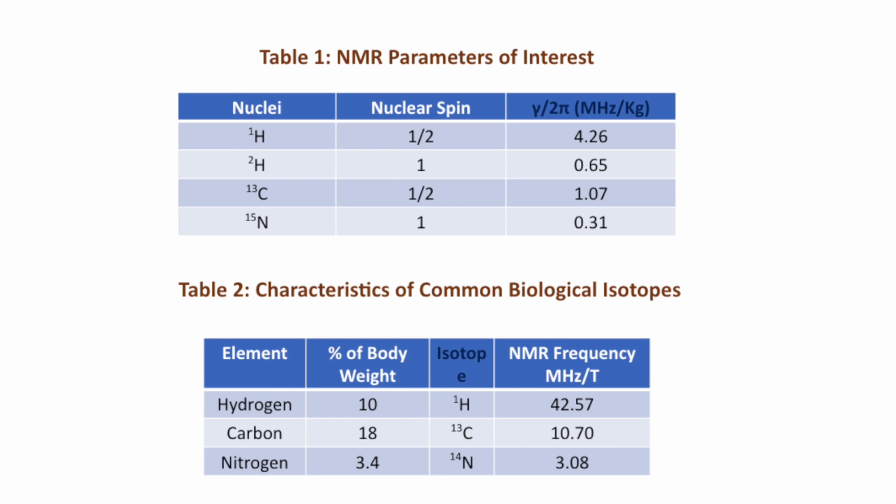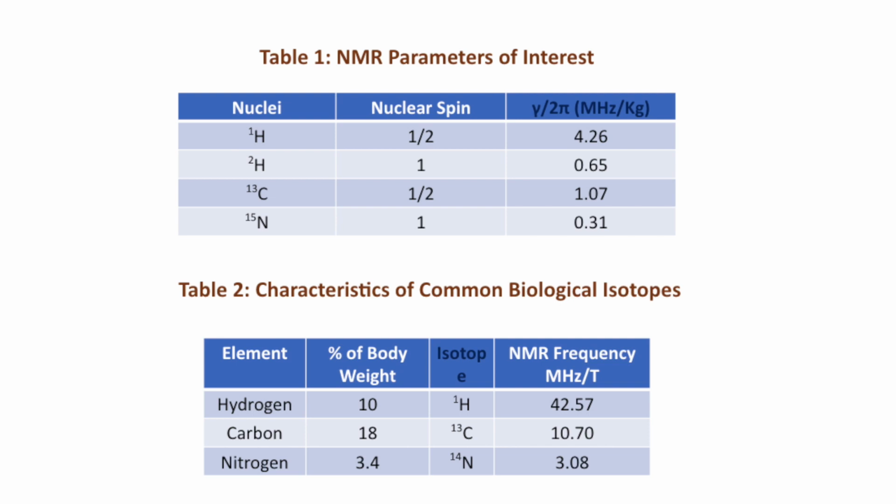Table 2 gives NMR frequencies and other characteristics of some of the common biological isotopes. Element hydrogen has 10% of body weight, isotope is 1H and has NMR frequency in megahertz per Tesla equal to 42.57.